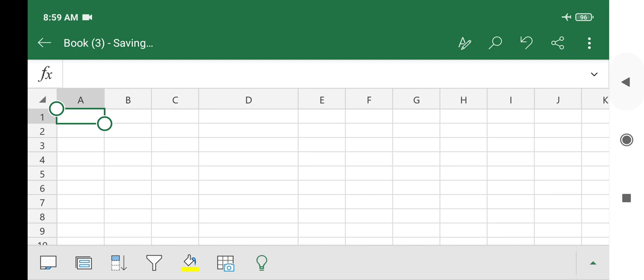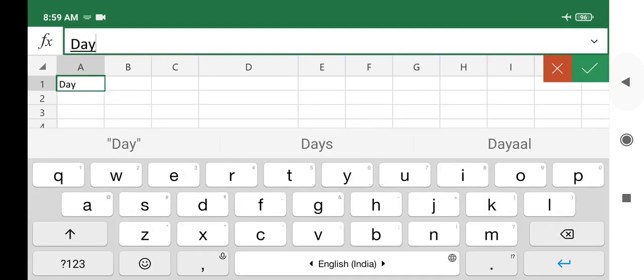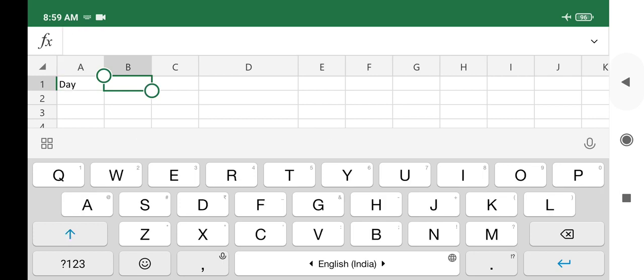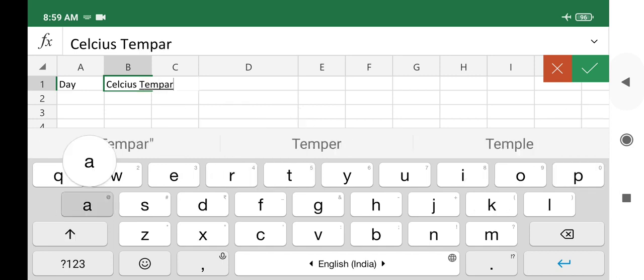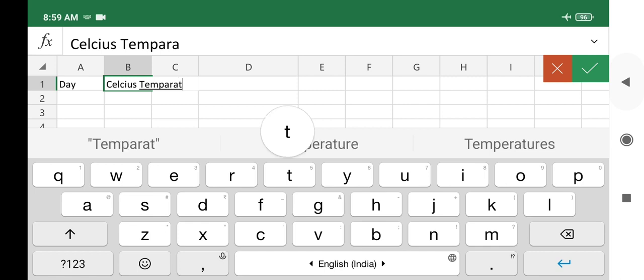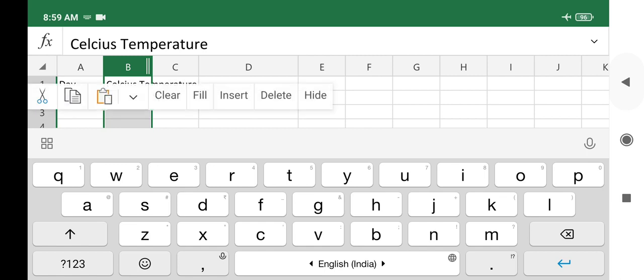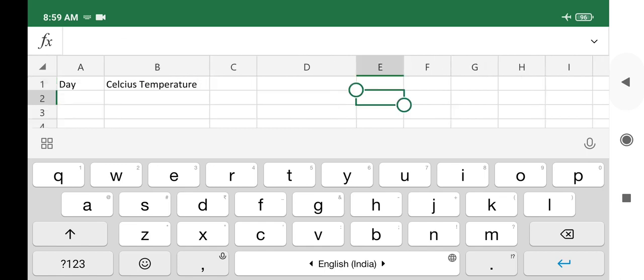First of all we have to type the data. Creation of the table is very important, then only we can apply the formulas. So let's start. They have given Day, and now the Celsius temperature. The Celsius temperature heading is not fitted, so by choosing this option we can increase the cell width.